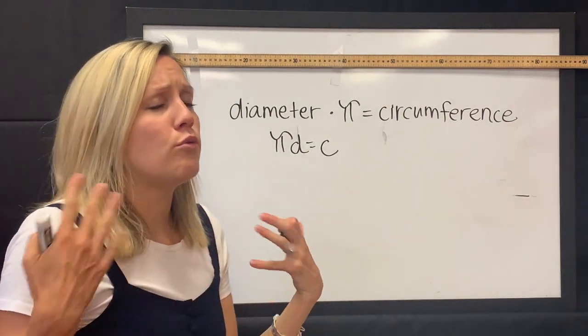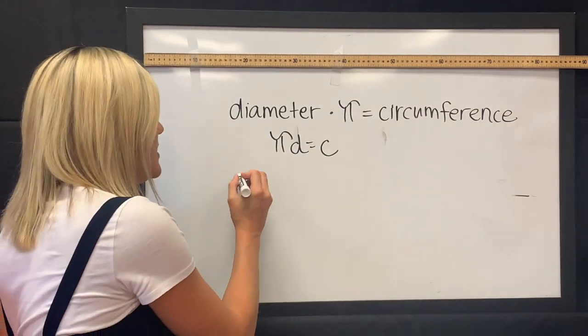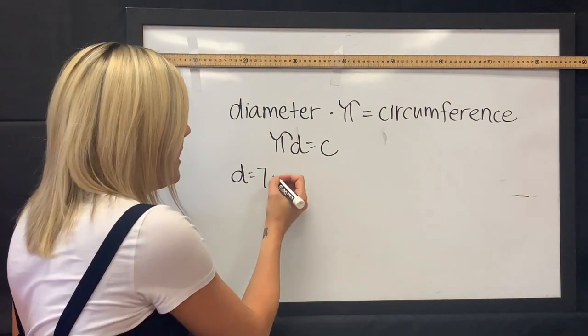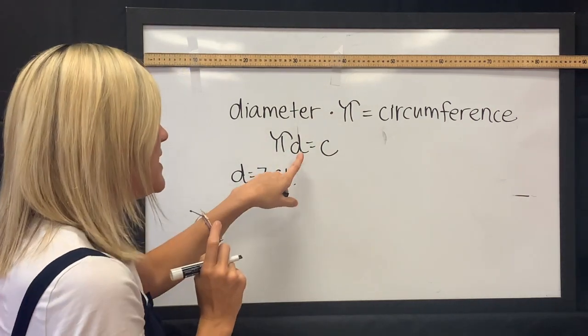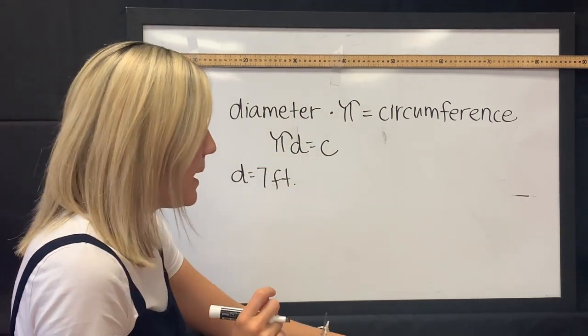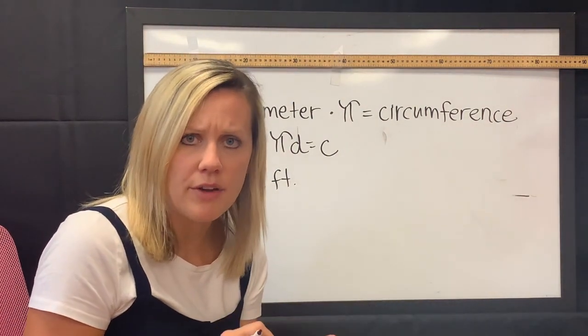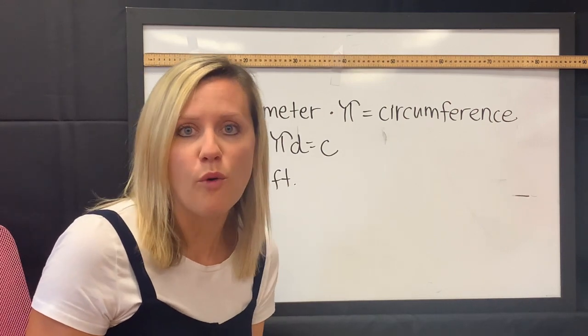Let's pretend we have a random shape and we know the diameter is 7. So first example, diameter equals 7. I'm going to take 7 and let's pretend it's in feet. And I am just going to take that 7 and multiply by pi. I always like to use the pi button on the calculator because it's the most accurate, but you could always use 3.14 if you want to.